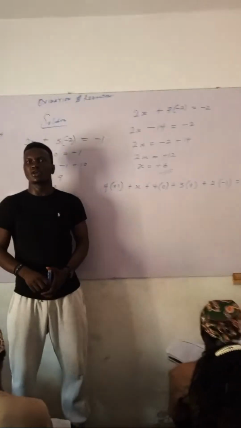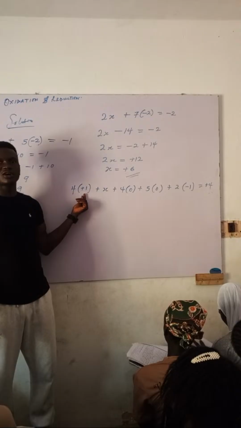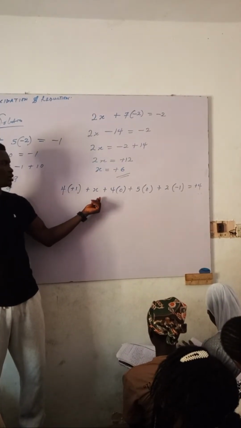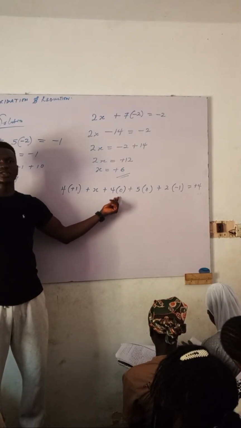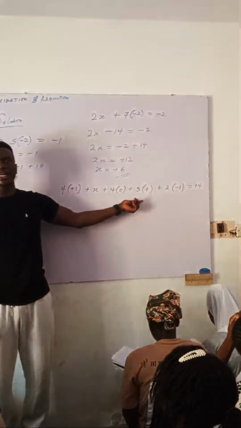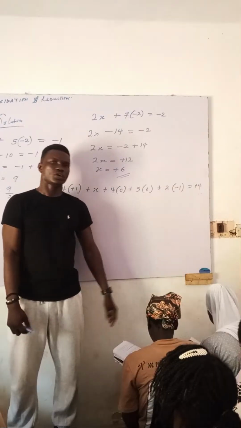Do you see what I've done? 4 into plus 1, that's for potassium, plus x, that's the one we are looking for, that's iron. Plus 4 into 0, because that is a neutral ligand. Then 5 into 0, another neutral ligand. Then we have 2 into minus 1, and we have plus 4.